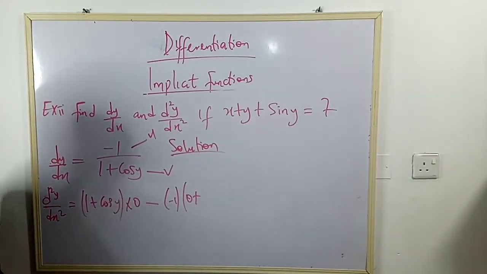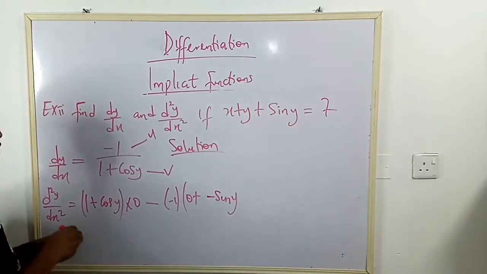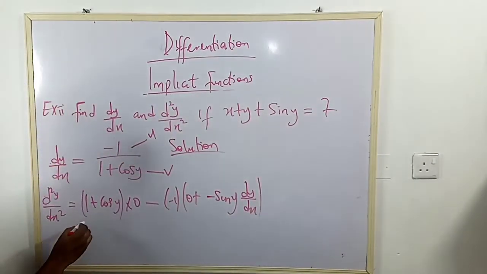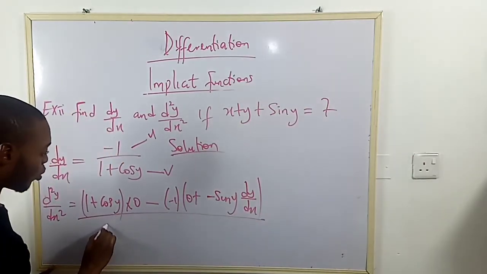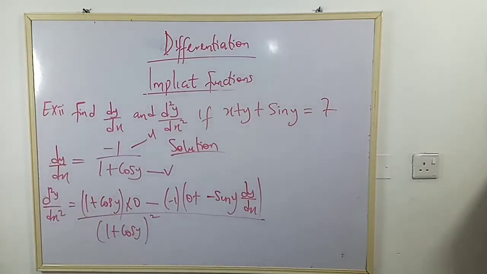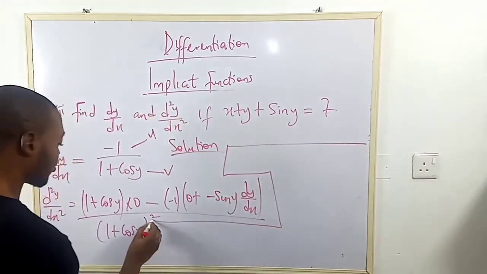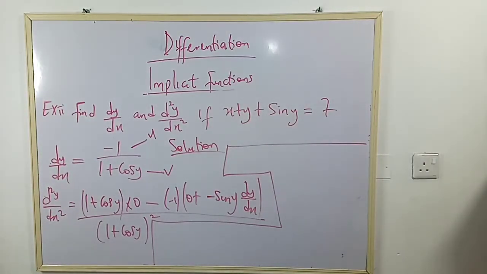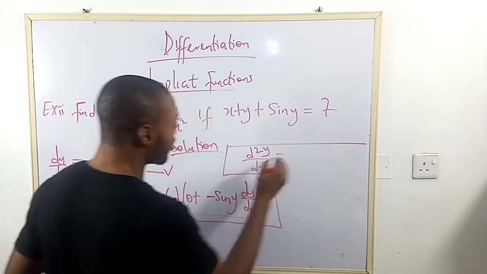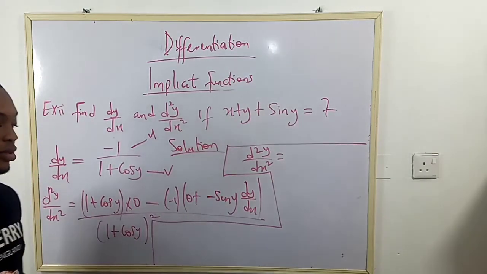So the derivative of cos y is minus sine y, then you differentiate y, dy/dx. So we have minus sine y dy/dx, all over (1 plus cos y) everything squared, that is v squared. So d²y/dx² will be equal to 0 times this is 0, minus and minus is plus, 0 plus this.